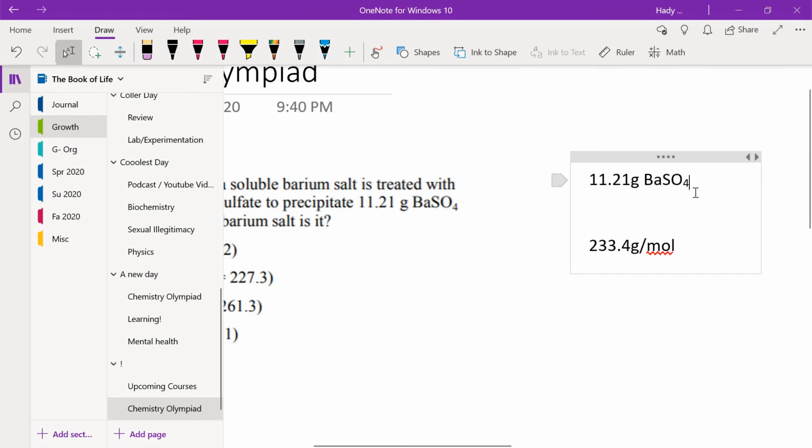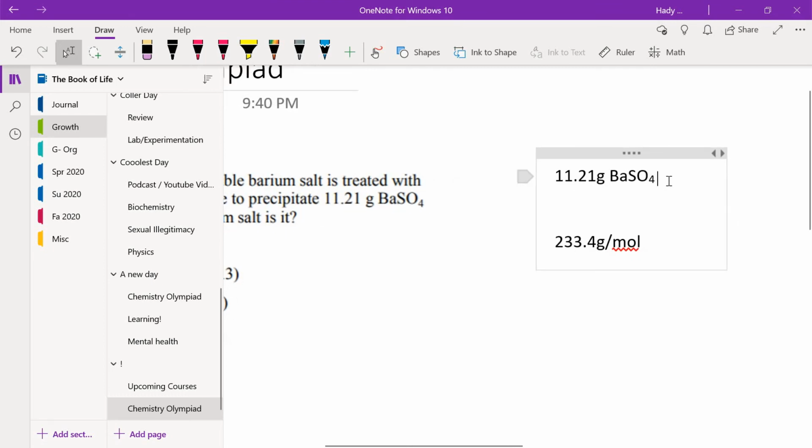This should be a lower number after the calculation, because there's 233 grams per mole and I only have 11 grams, so I don't have many moles.